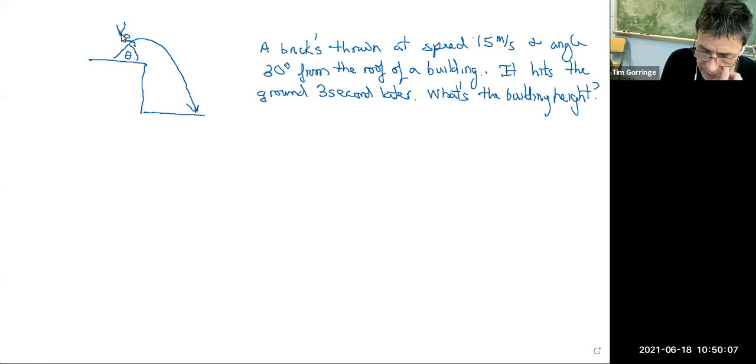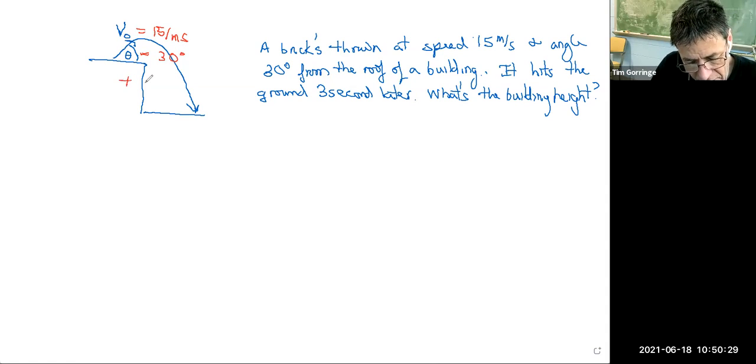I'm just going to annotate this diagram with a little bit more information. The speed here is 15 meters per second. This angle here is 30 degrees. And the time taken is 3.0 seconds.